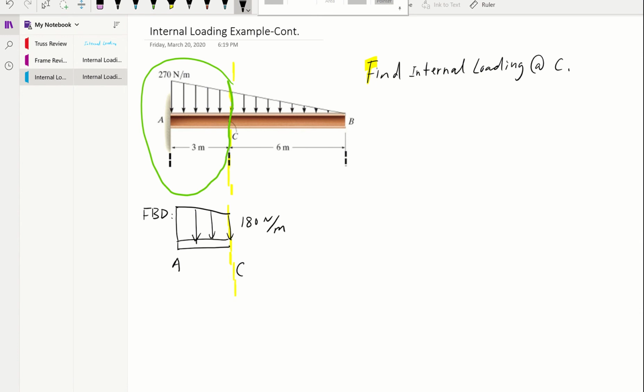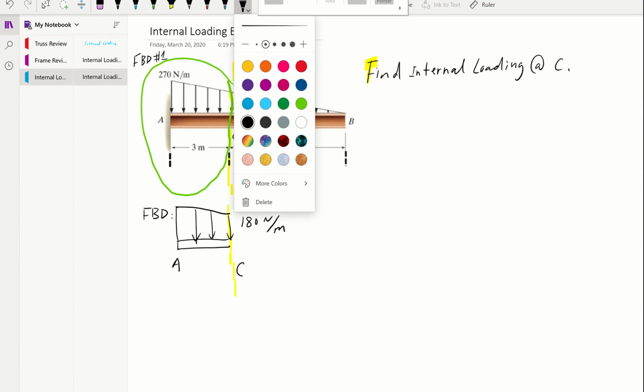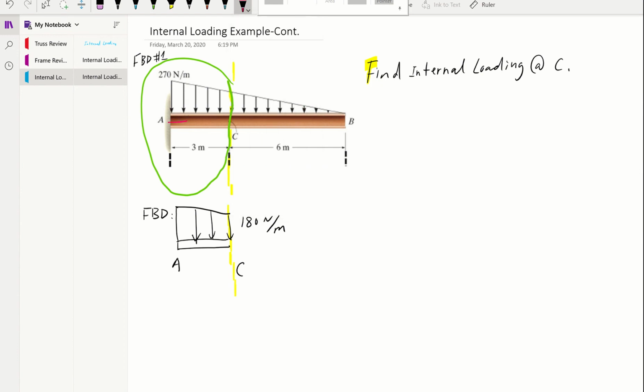Now, any other forces acting on this segment? Yes. We need to find our reaction support at A. So we need to go back to the original FBD to find the reaction at A. We have AX and AY, and since it's a fixed support, we're going to have a moment.